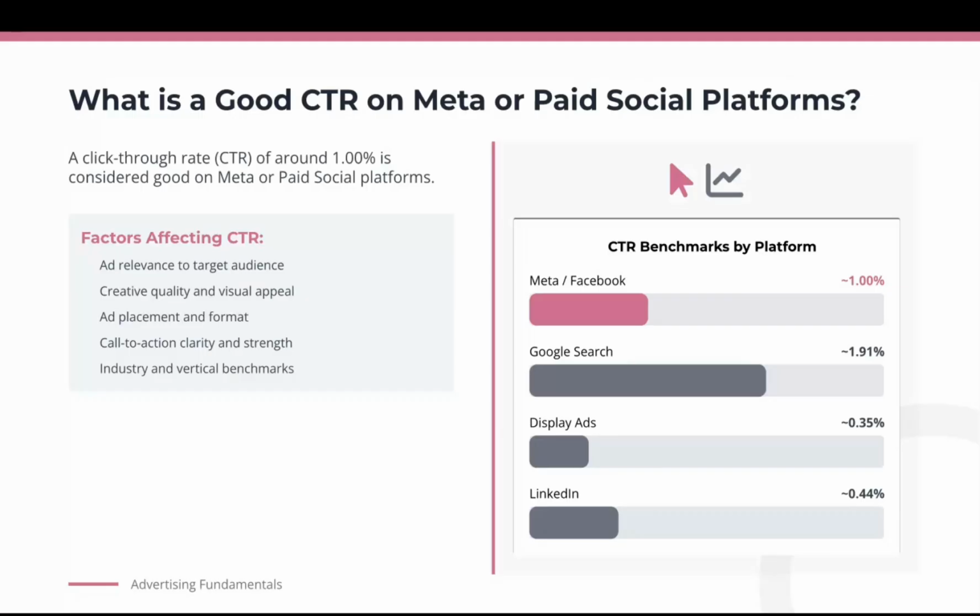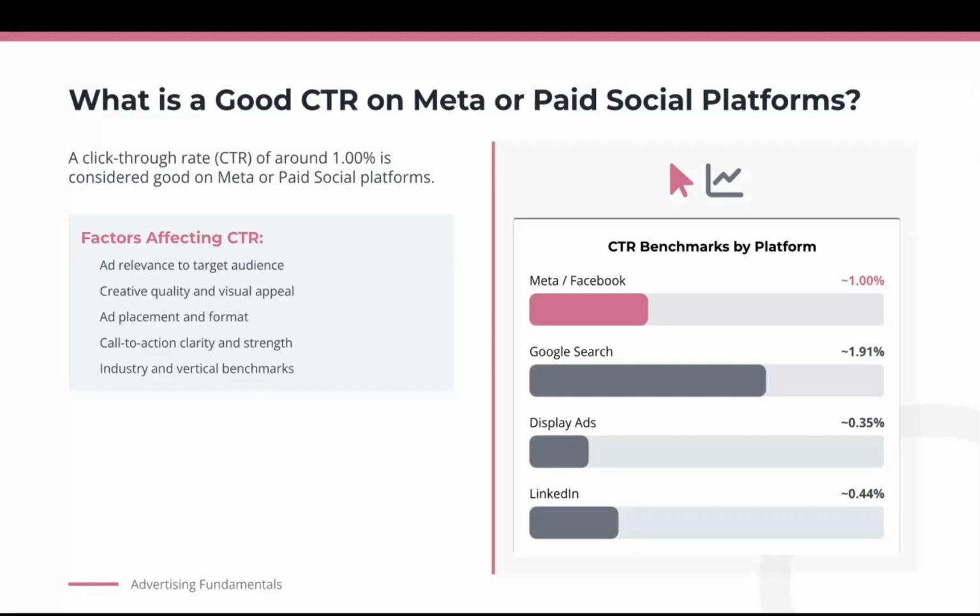Meta, Facebook would have a 1%, which is considered good, because for Meta and really a lot of paid social platforms, ideally people aren't going there to get their pipes unclogged or to get new carpet.